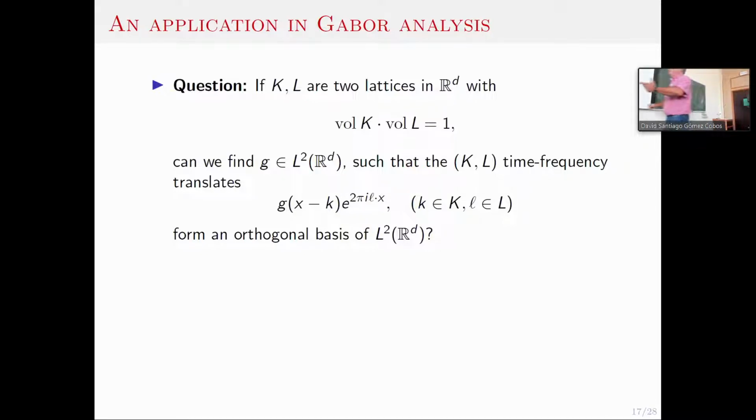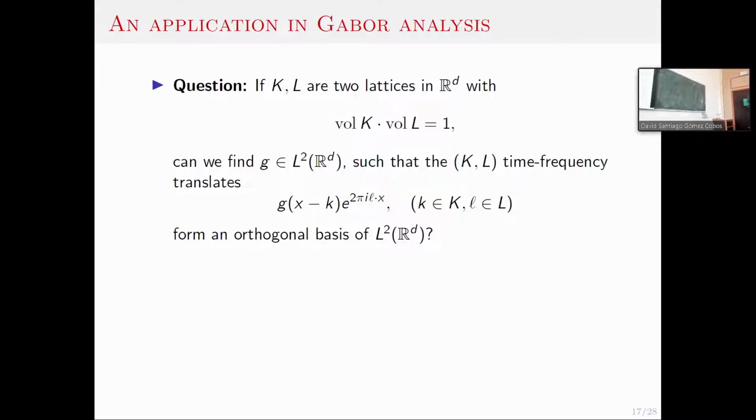And what are these? You have some set of translates, some set of frequencies, and a fixed window function g, such that when we take all translates of g with all possible modulations, as we call it, you get an orthogonal basis.